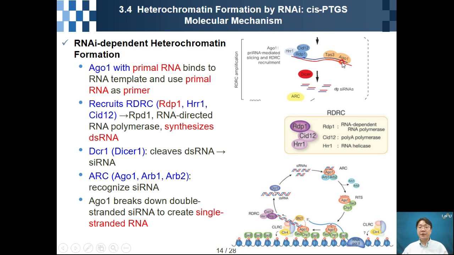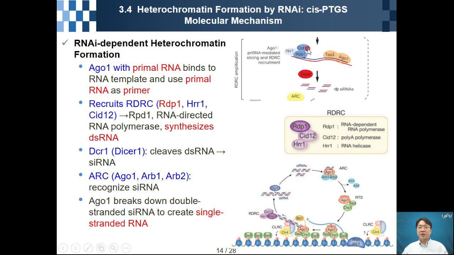Okay, after that it will recruit RDRC. RDRC is composed of RDP1, CID12 and HRR1. The main function of RDP1 is RNA dependent RNA polymerase.